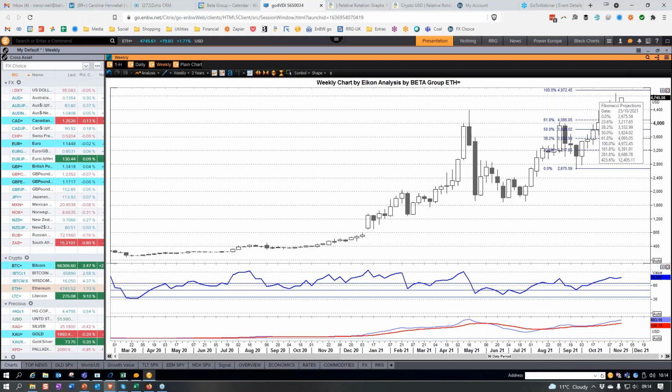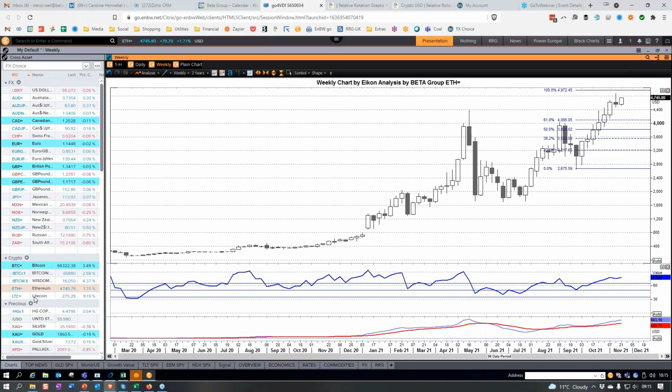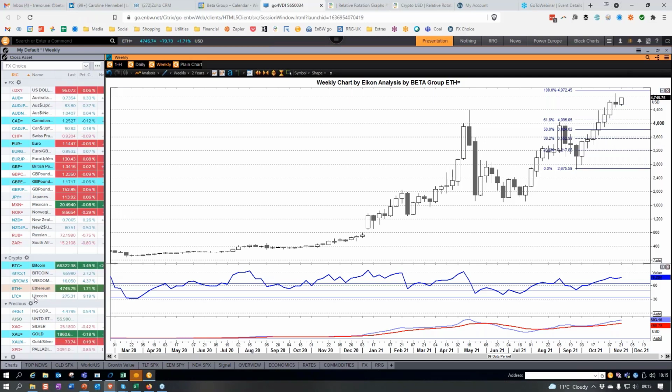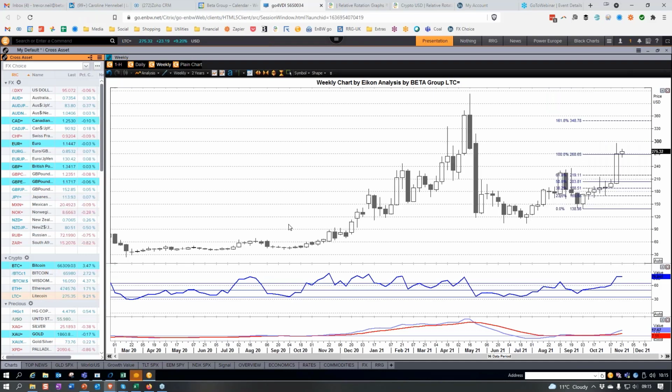Now we're close to that level. So we might be quite close to running out of steam in this one, unlike Bitcoin, which seems to have got further to go before it runs out of steam from hitting its Fibonacci projection level.